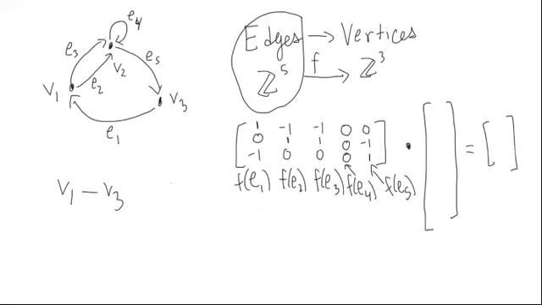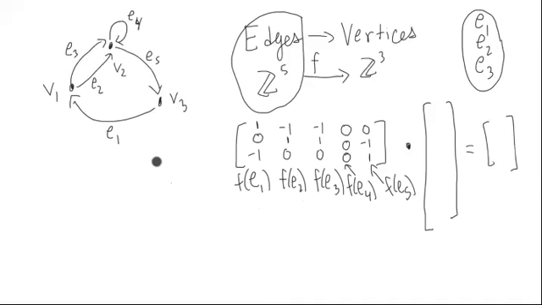So what if we were to take a collection of edges, such as E1, E2, E3, and look at the subgraph of this that's drawn only with those edges right there?